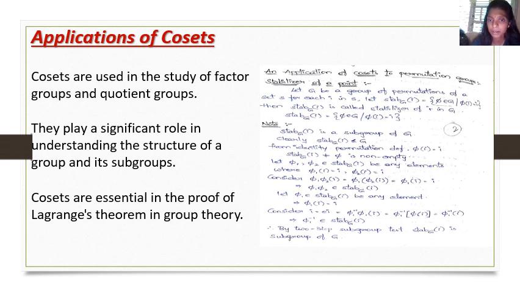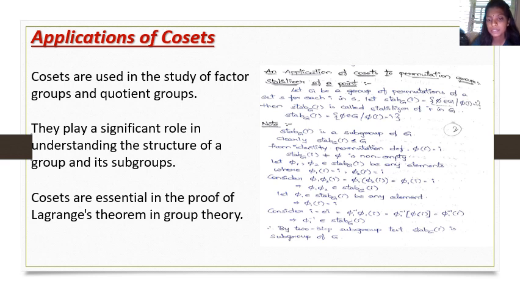Then Stab_G(i) is called the stabilizer of i in G. Note, the stabilizer of i is a subgroup of G. Clearly, Stab_G(i) is less than or equal to G. From the identity permutation definition, theta(i) equals i, so Stab_G(i) is not empty.